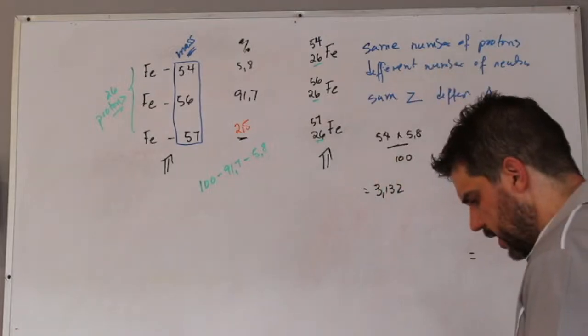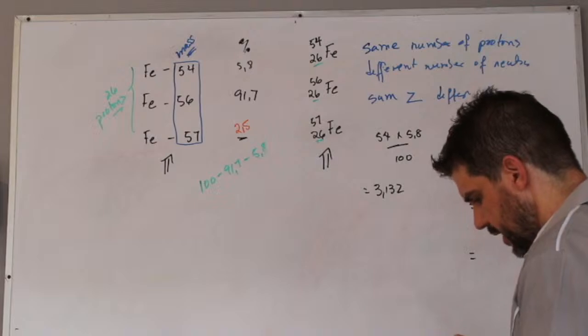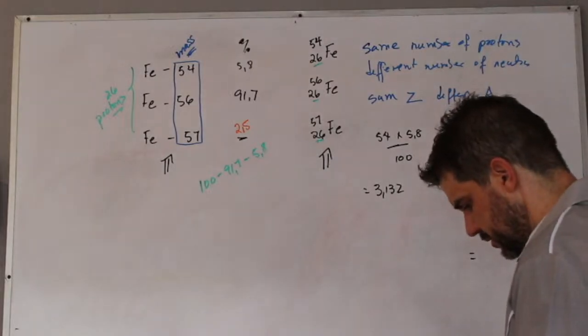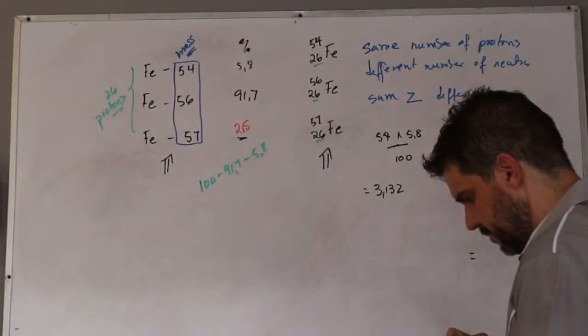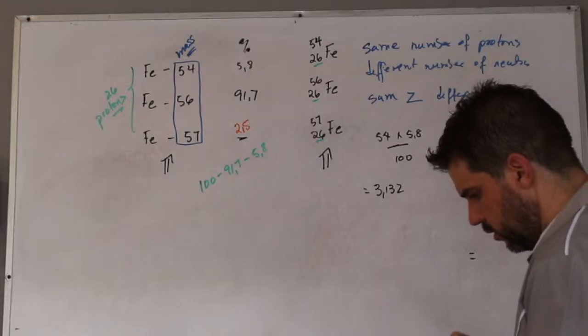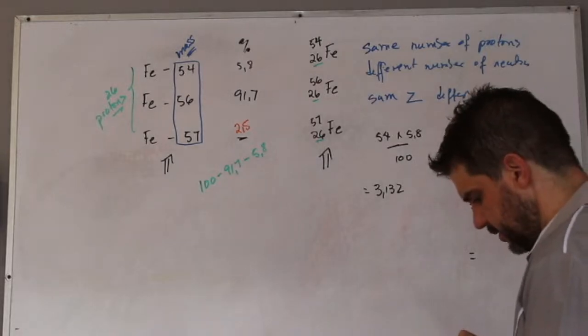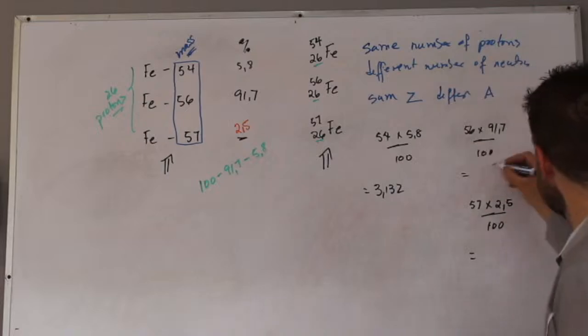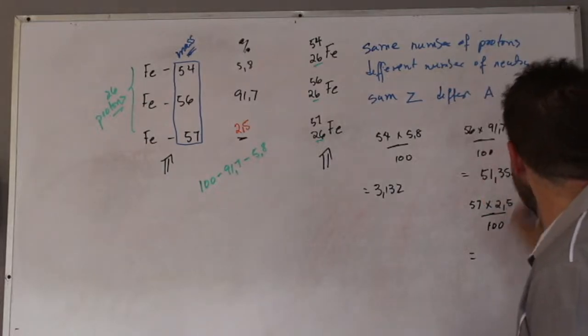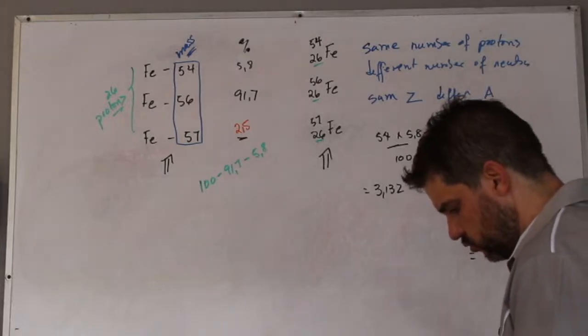For the next one, 56 times 91.7 gives me 51.352.